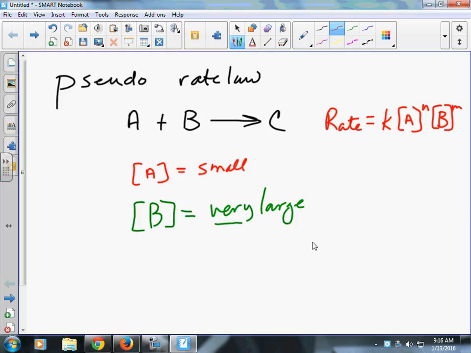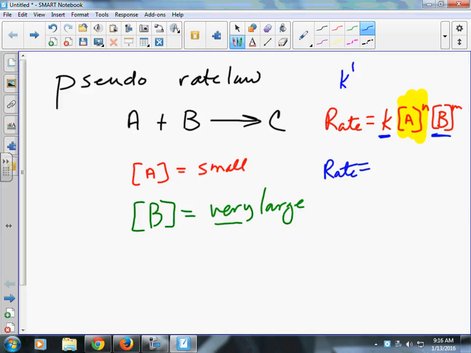But since we are manipulating it, we are trying to find out, let me get my highlighter. We want to know that, right? We want to know that. So our rate could also be described as, well, this and this would be equal to something called k prime.